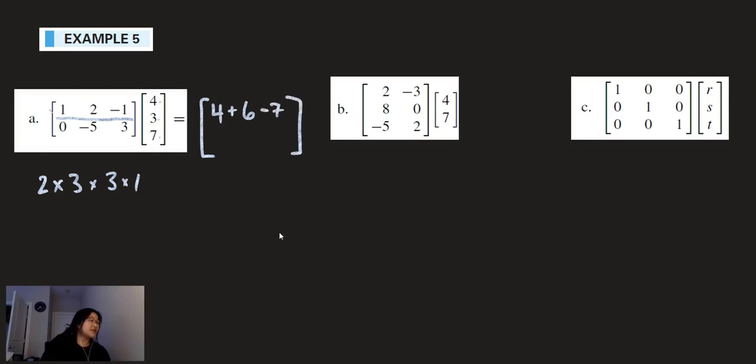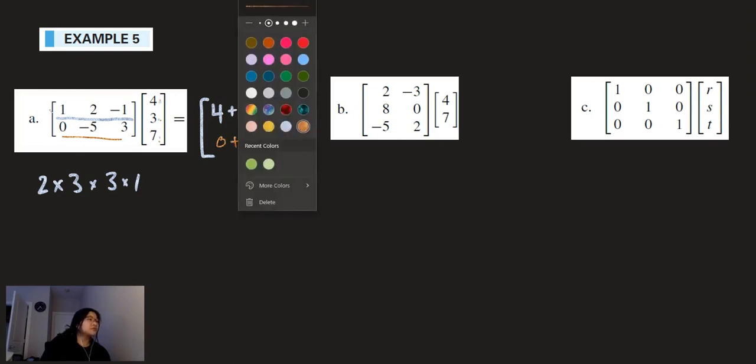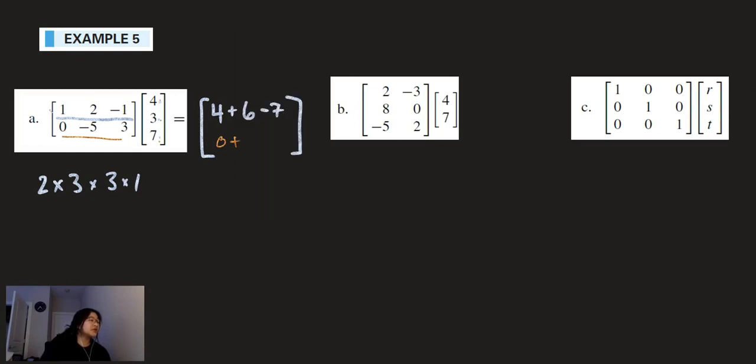That's our first entry, and then our second entry is our second row, multiplied by these weights, so we get 0 plus negative 15 plus 21, and so that gives us a result of 3, 6. Cool. Let's make sure this works.